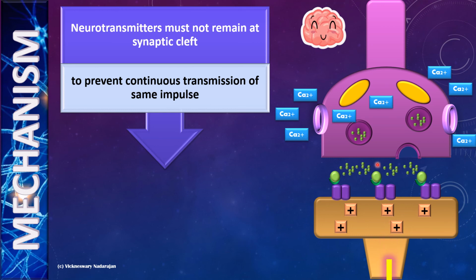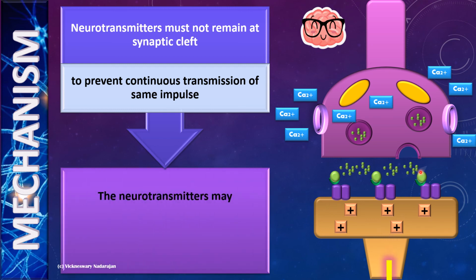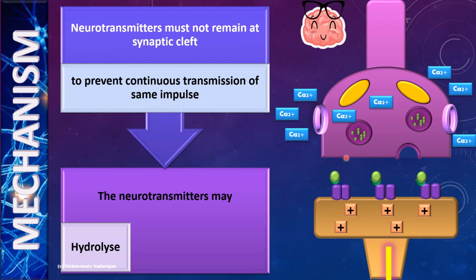So these neurotransmitters have to be removed. There are 3 ways of removing them. Firstly is by hydrolysis. The enzymes I mentioned earlier for noradrenaline and for acetylcholine can come and hydrolyze these neurotransmitters. So this is one way of removal.